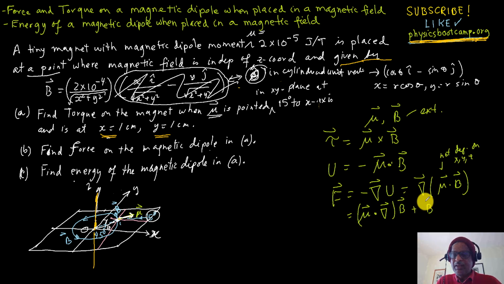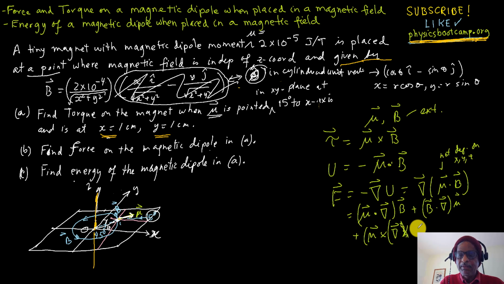There's going to be B dot del mu, then mu cross del cross B, and then B cross del cross mu.